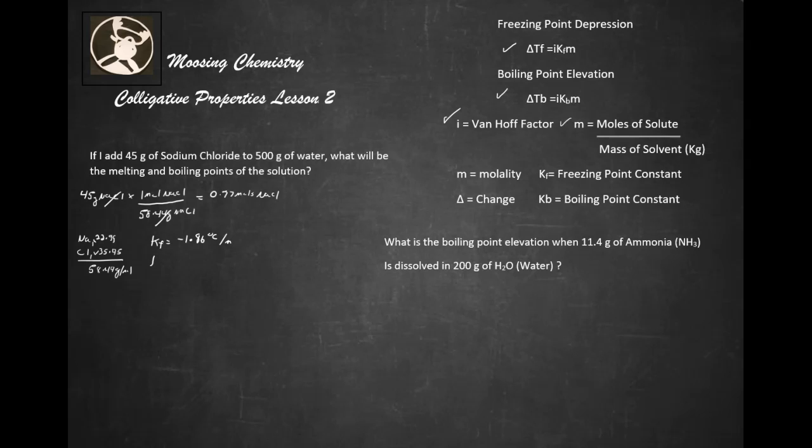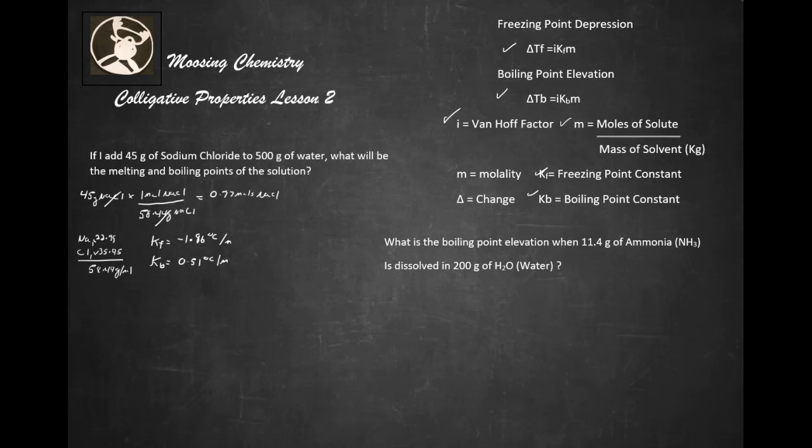And of course, the constant for boiling is going to be 0.51 degrees C over m. So these are constants. When we talk about the Kf and the Kb, that's for water. You have to remember that I didn't put down any numbers with this because each solution is different. Each solution has its own freezing point and its own boiling point. When we're talking about water, its Kf is negative 1.86, and the Kb of water is 0.51.